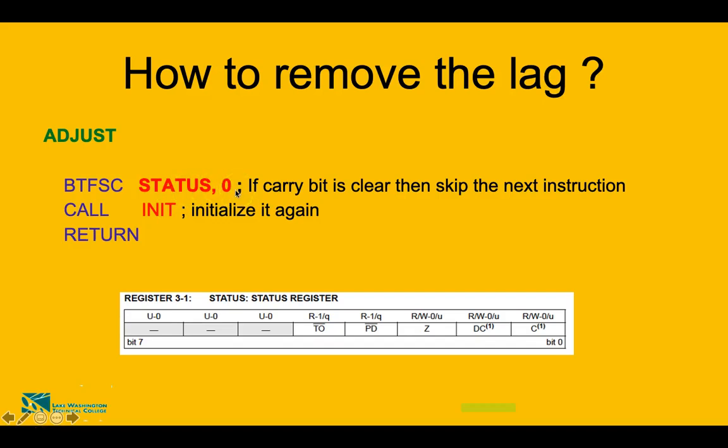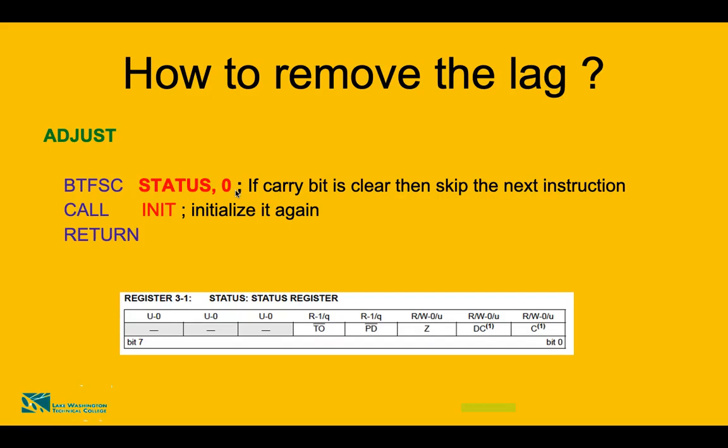You remember, what we were trying to do here was rotating the LED with each button press, and when you use that rotating instruction, there is a carry involved with your 8-bit register. So with the help of this instruction, it is checking your carry bit. Otherwise, there was one extra cycle in which that carry has to move into the register.